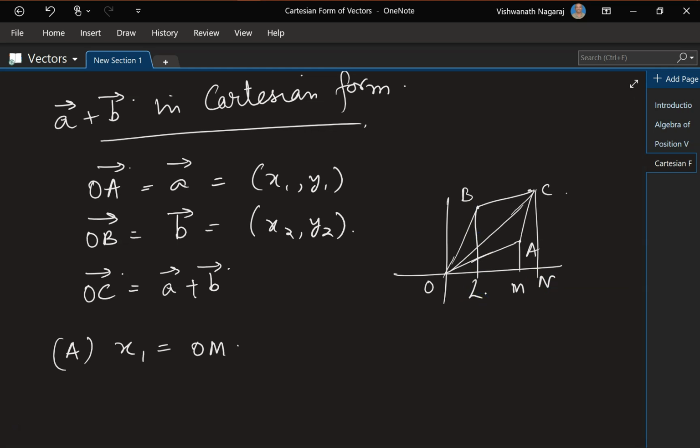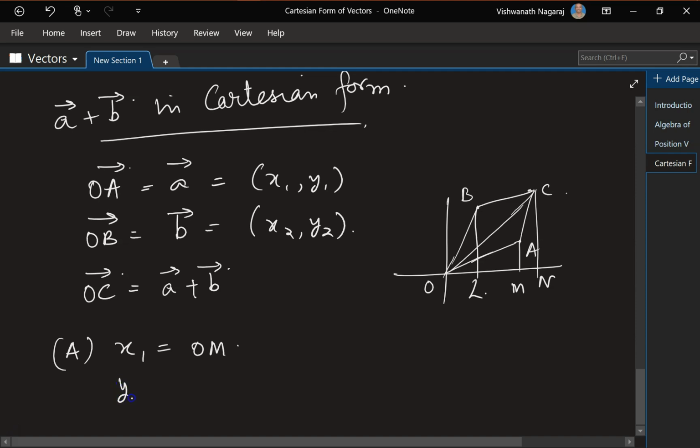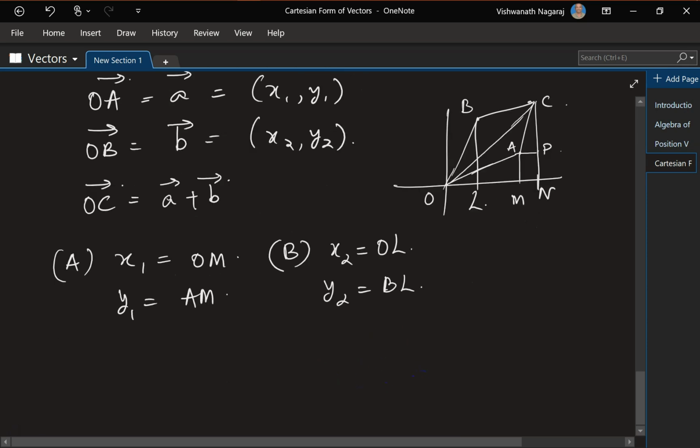So x1 would be OM, y1 would be equal to AM, because here you would write x1 y1, and let's say this is P parallel to MN. Now when it comes to B, x2 is equal to OL and y2 is equal to BL. Try to understand this. Without understanding, don't go forward.